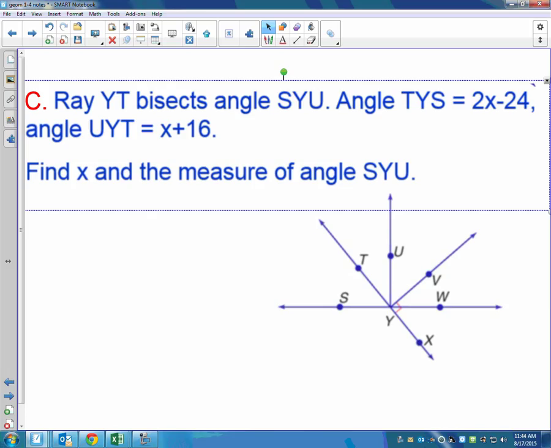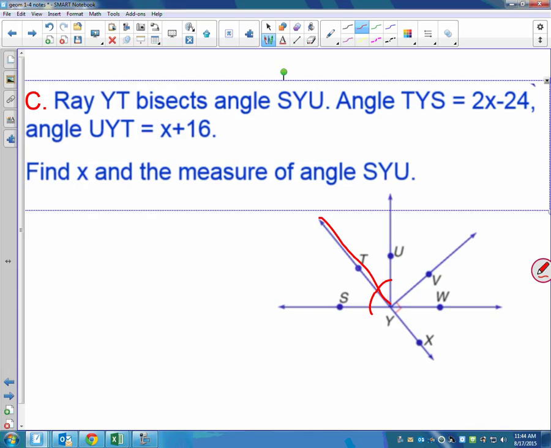You just have to take a piece at a time. So first of all, ray YT bisects SYU. So what does that mean? Not just goes through it. Bisects means cuts it in half. Okay? So we know that this is now equal to this. It looks like it, but now we know for sure.